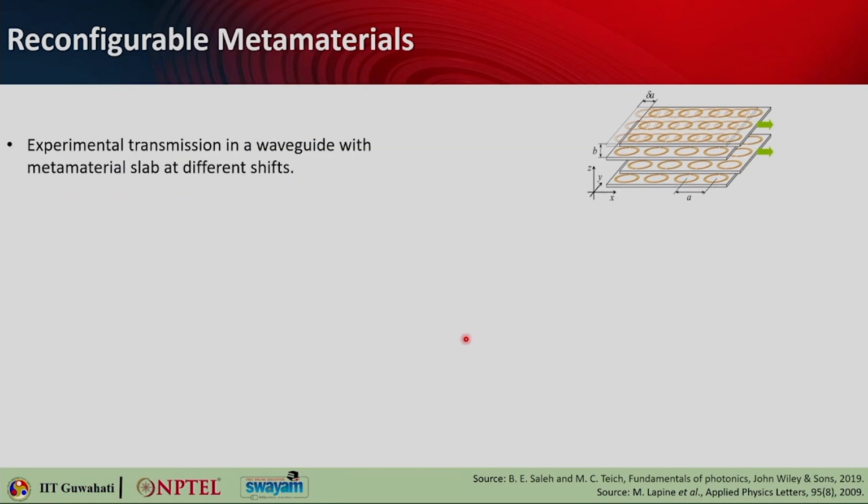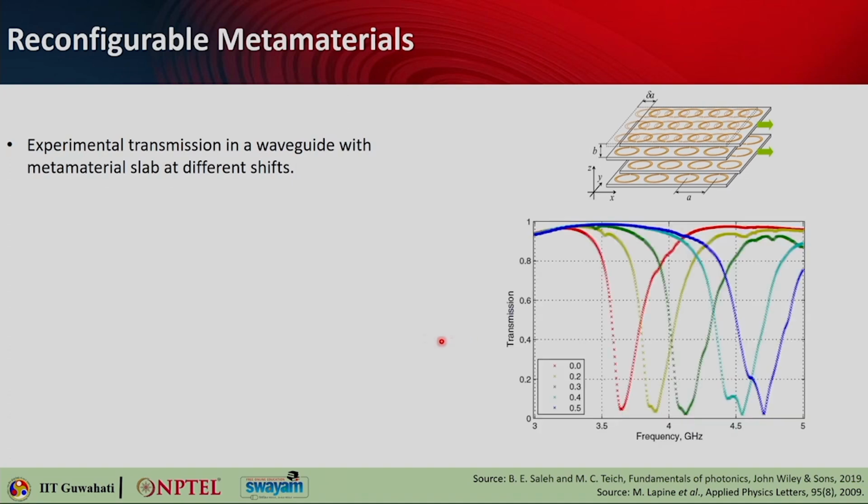So, this was based on numerical calculation or numerical simulation. You can also do experiments and see the same effect. These are the experimental transmission spectra of a waveguide with this kind of metamaterial slab where you can tune the shift.